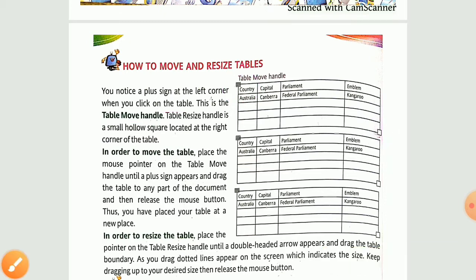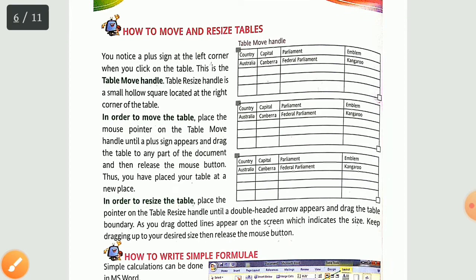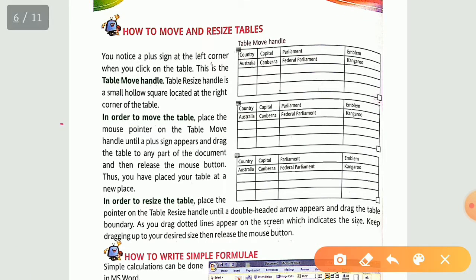Firstly we will see how we are going to move our table. In order to move the table, place the mouse pointer on the table move handle until a plus sign appears, and drag the table to any part of the document and then release the mouse button. When you hover your mouse over that table, you would be able to see the table move handle.